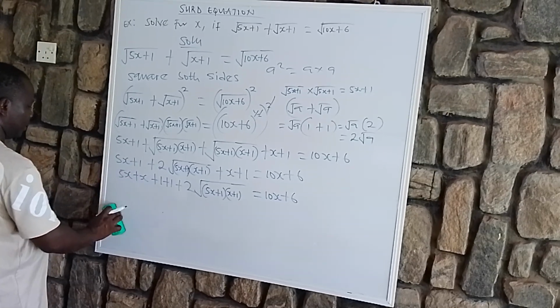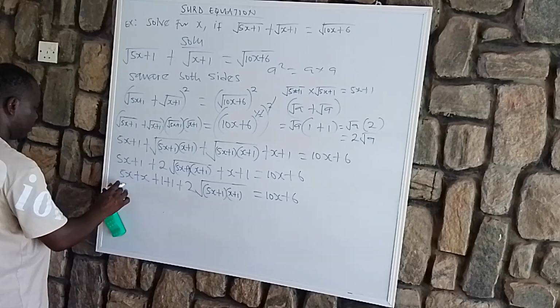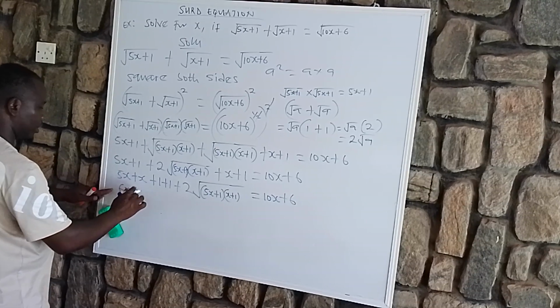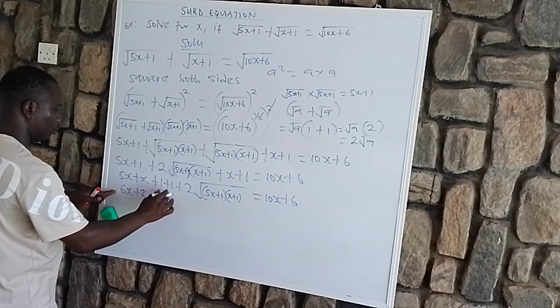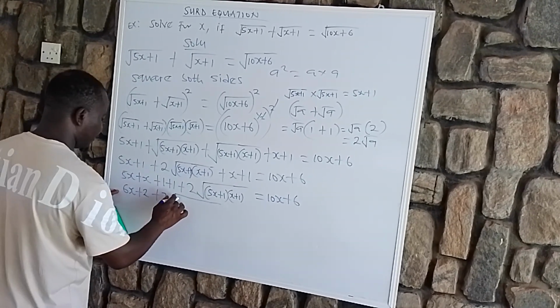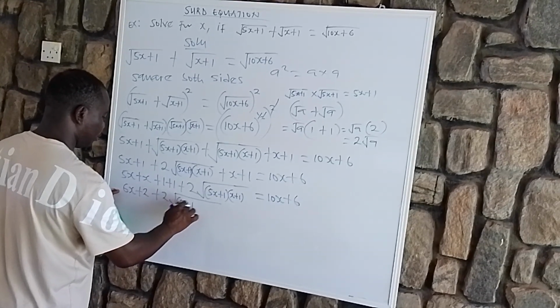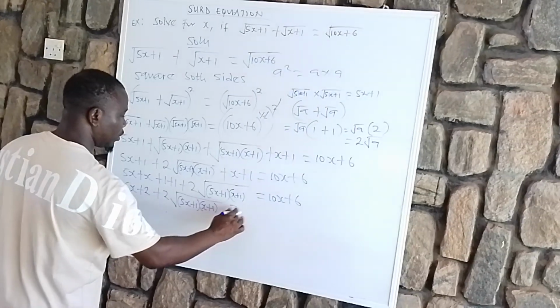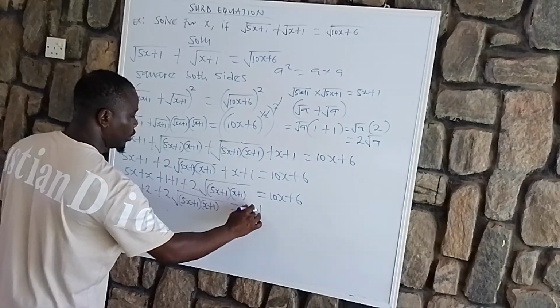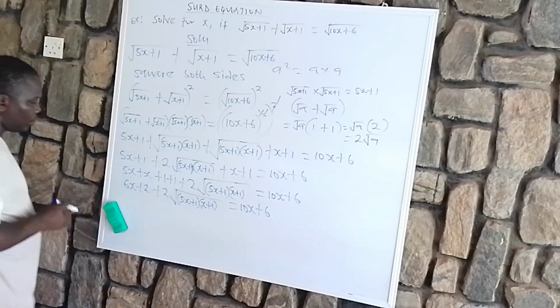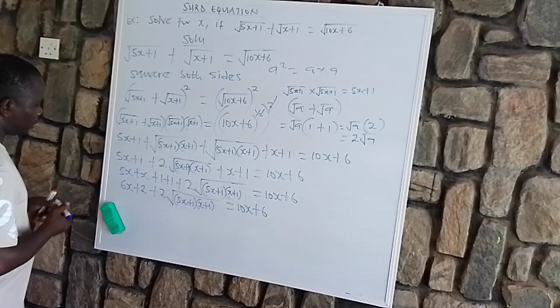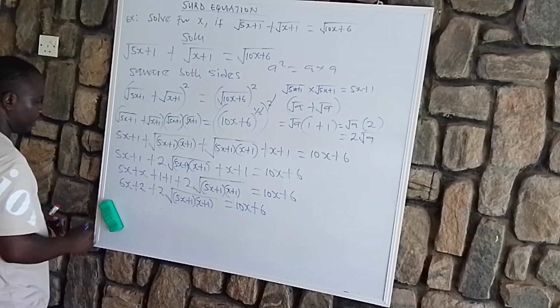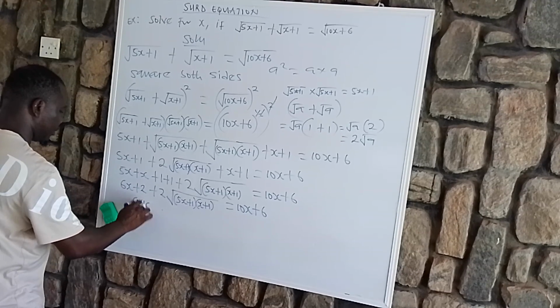If you add this one to this, 5x plus x, it will give us 6x plus 2 plus 2 square root of open bracket 5x plus 1 times open bracket x plus 1, which equals 10x plus 6.